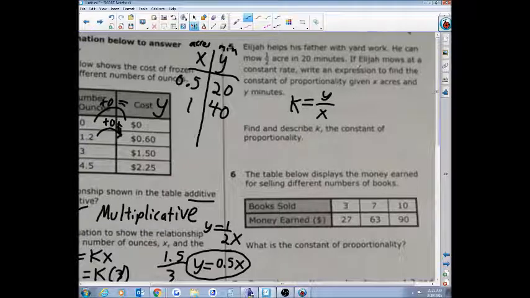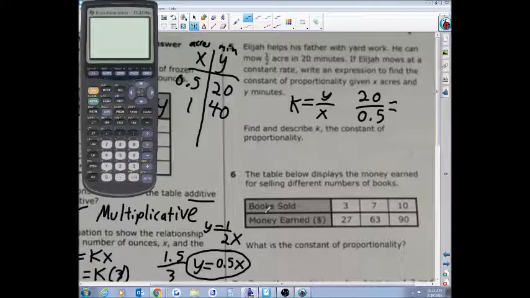So our constant of proportionality. In this case, when y is 20, x is 0.5, and 20 divided by 0.5 gives us 40.